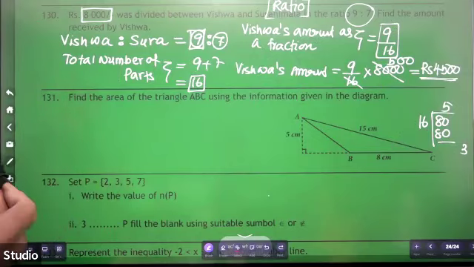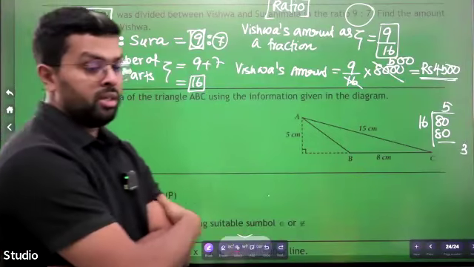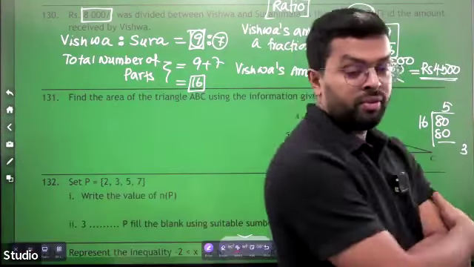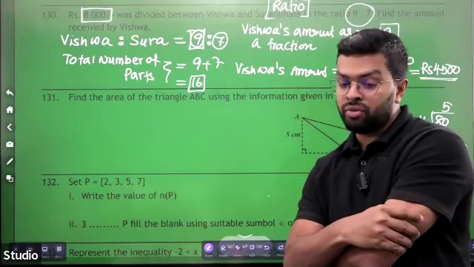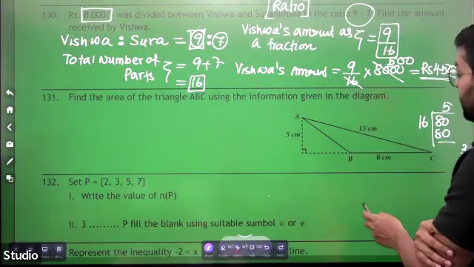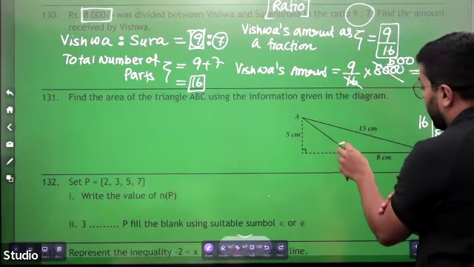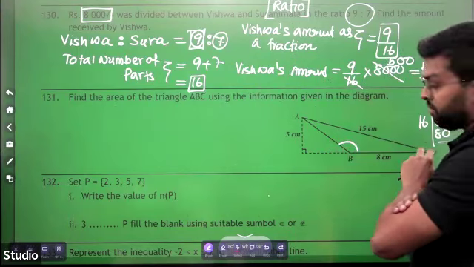Question number 131. Find the area of the triangle ABC using the information given in the figure. Look at this. This is an obtuse angle triangle.